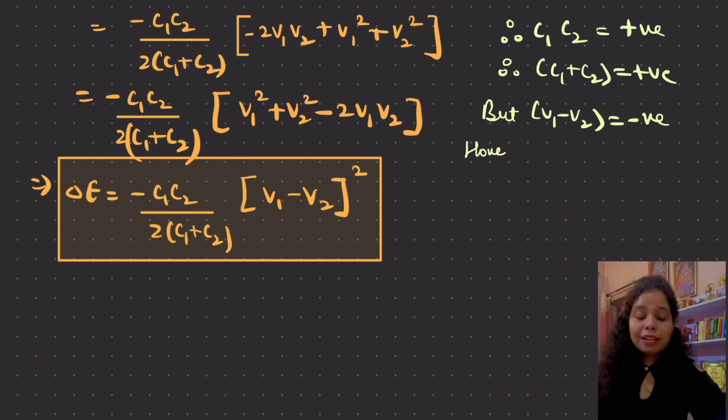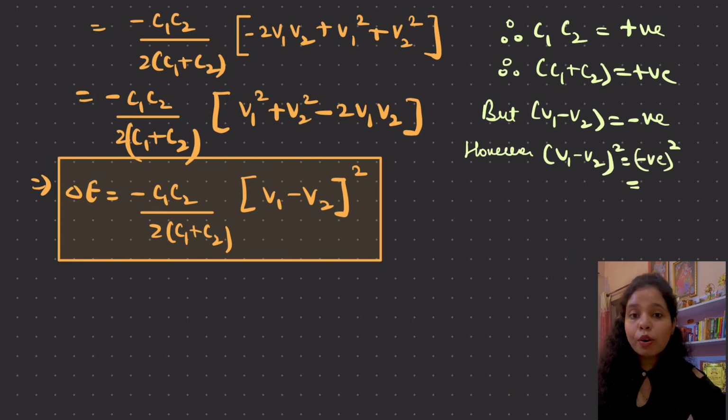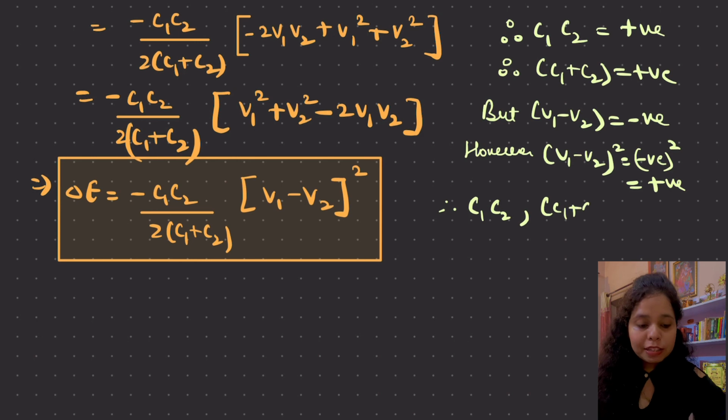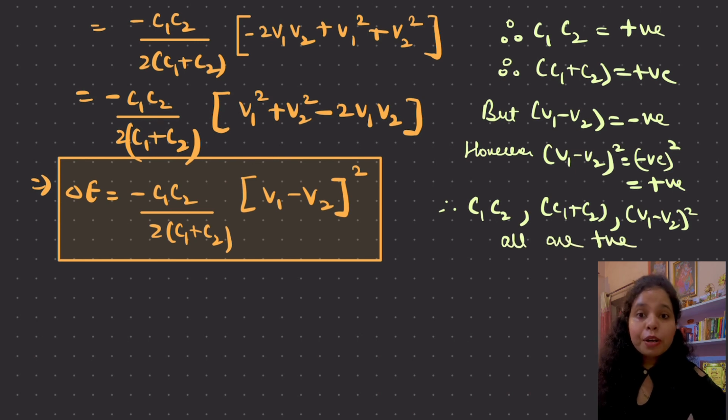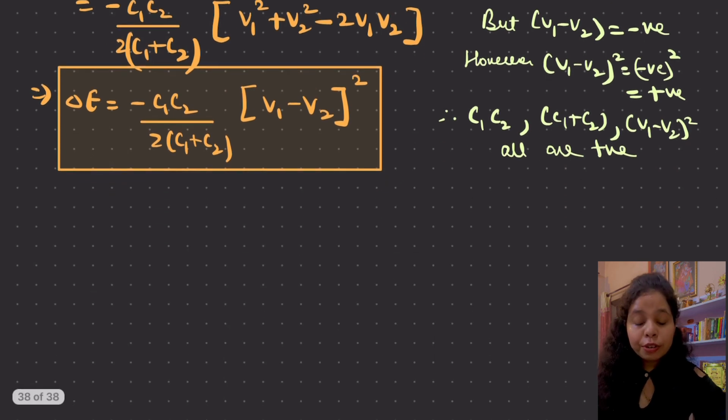So in this case, (V1 minus V2) whole square, if we put the square of V1 minus V2, that means we are putting the square of a negative term. So negative square is again positive, therefore C1 multiplied by C2, or C1 plus C2, or (V1 minus V2) whole square, all these terms are positive, but we have a negative sign outside this equation.